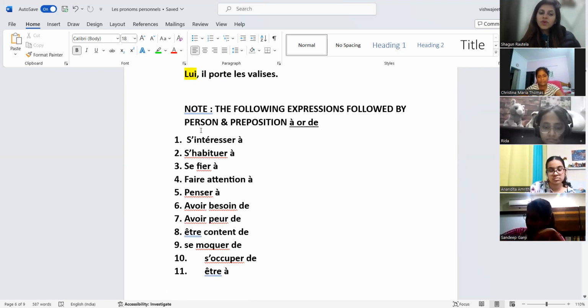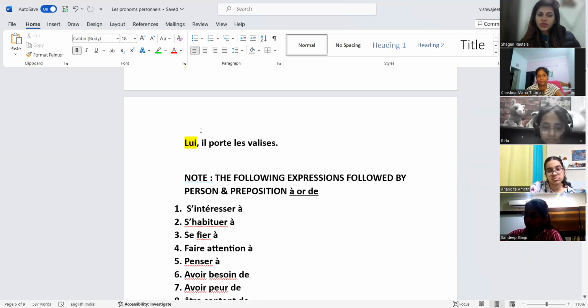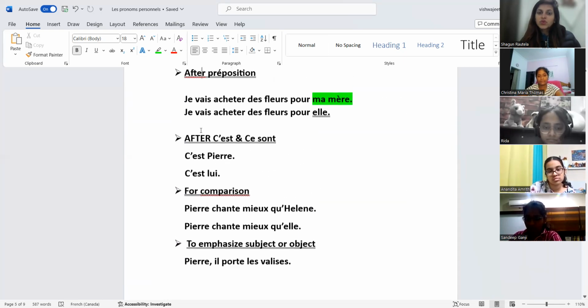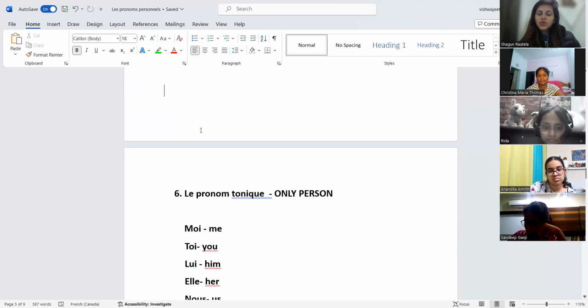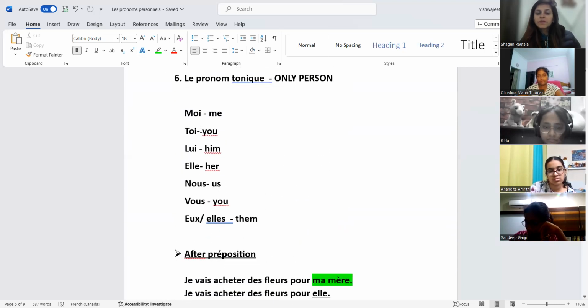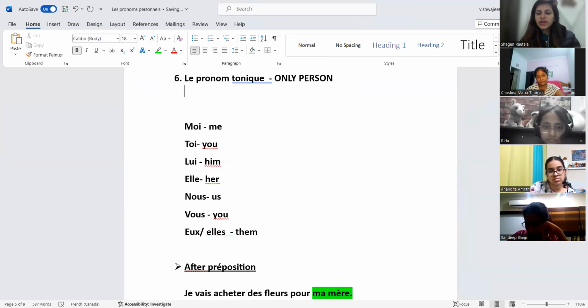So always remember one thing, especially in this pronom tonique question. I told you that the pronom tonique replaces... there is one more usage of the pronom tonique. What is the usage of preposition? Who's going to tell me? Anybody who remembers the preposition rule of the pronom tonique? It replaces which preposition?